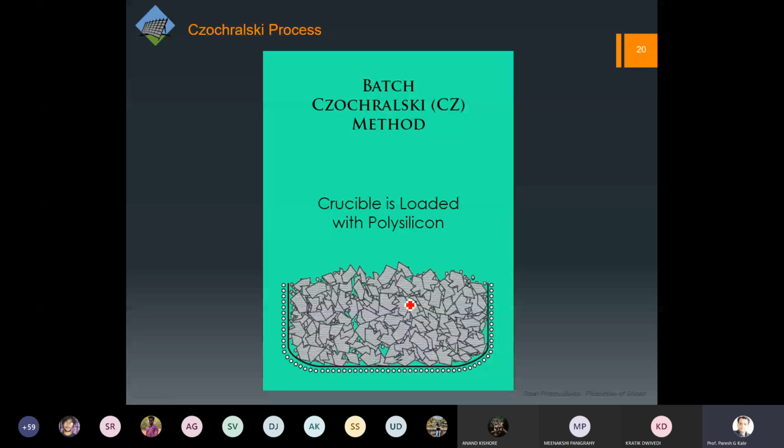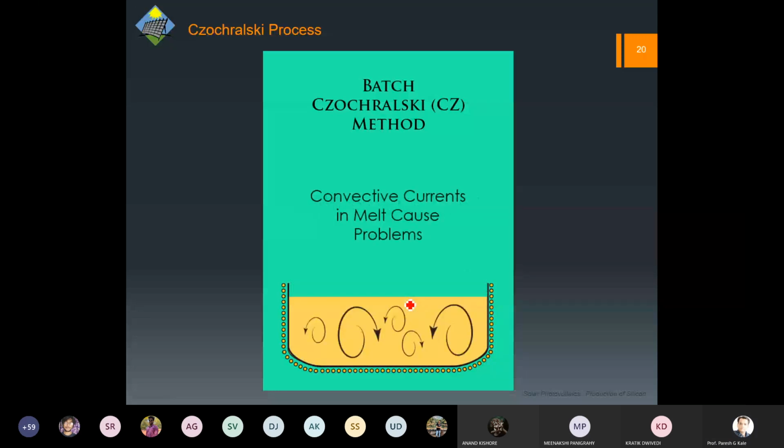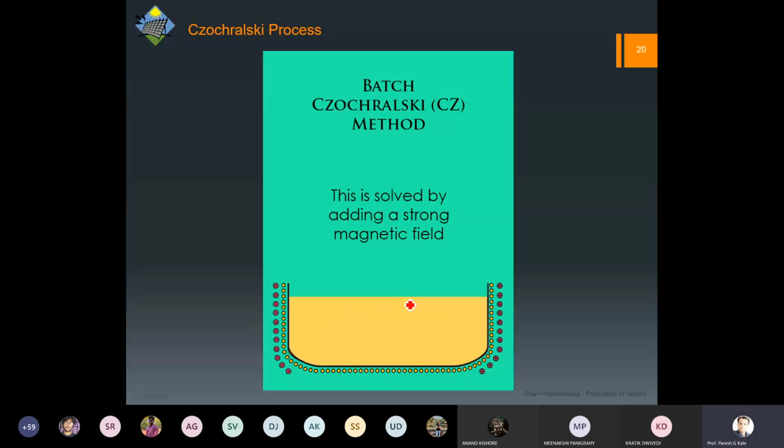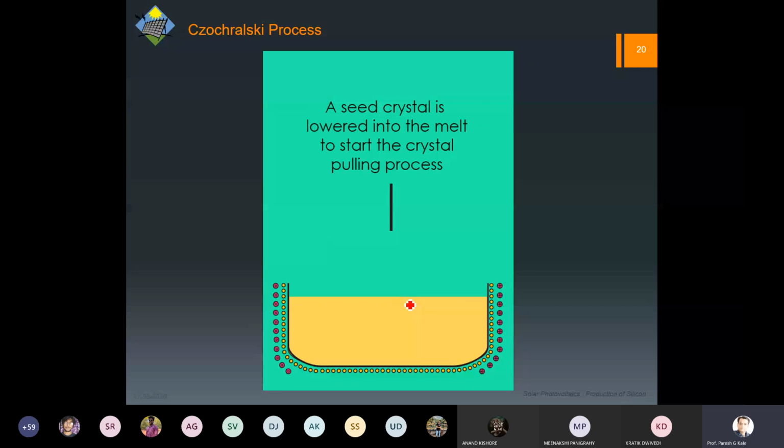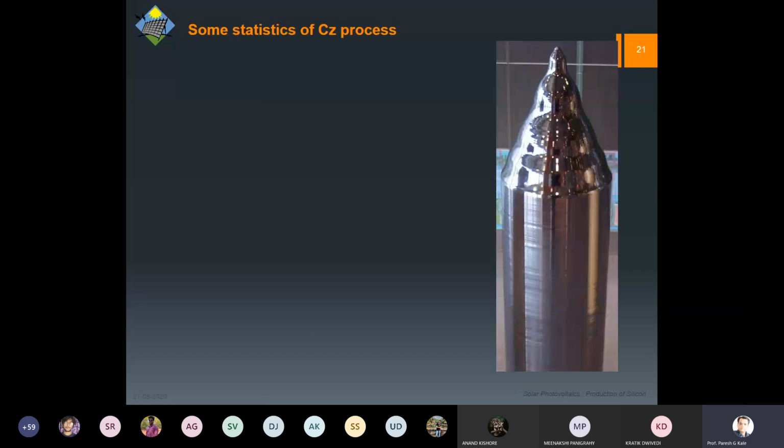It's very straightforward. Now we can say that the ingot we have is at the level of 99.99s, and we can call it electronic grade silicon. So this is what the actual picture is.